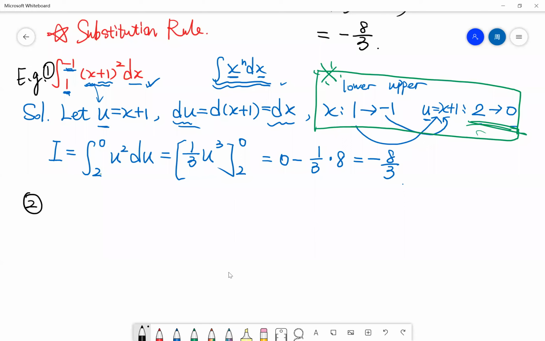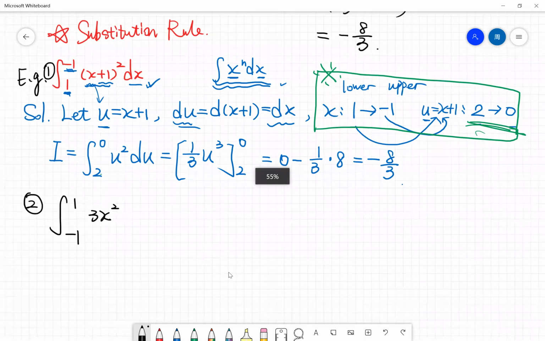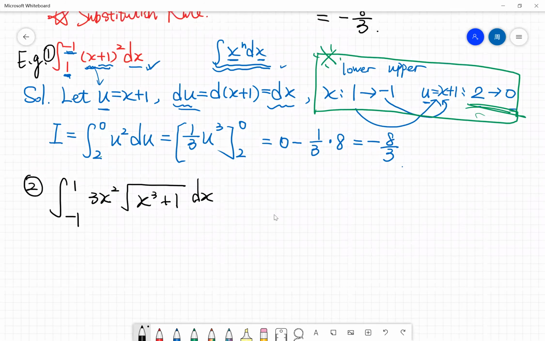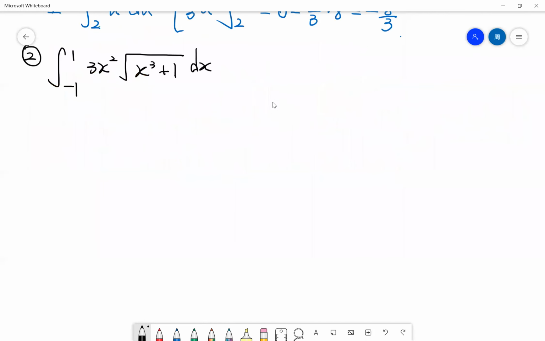Number 2, please calculate the integral from -1 to 1 of 3x squared times the square root of x power 3 plus 1, dx. So first, please try to calculate by yourself, and then we will solve it together.